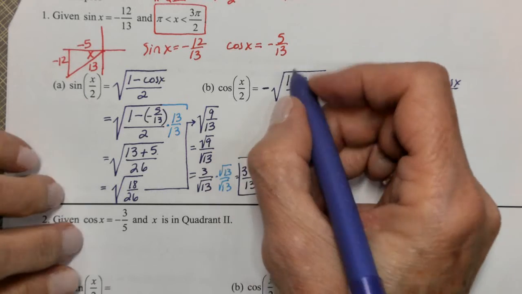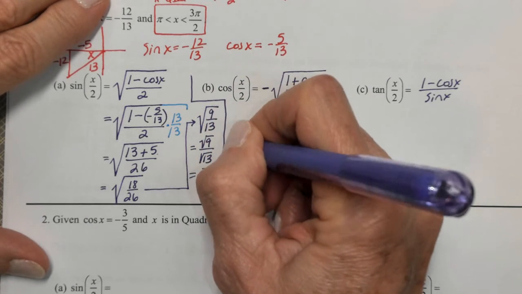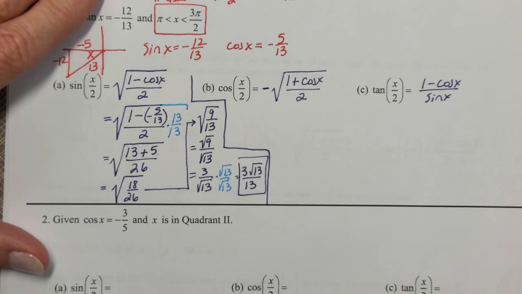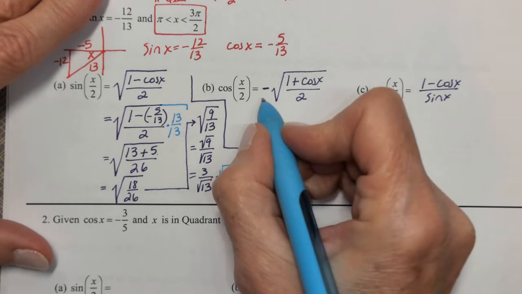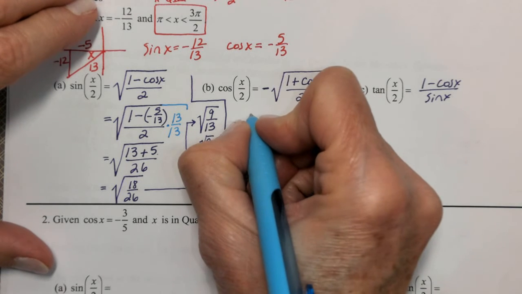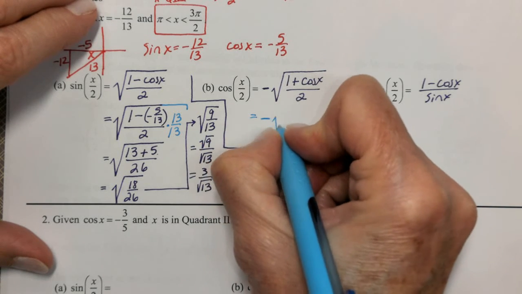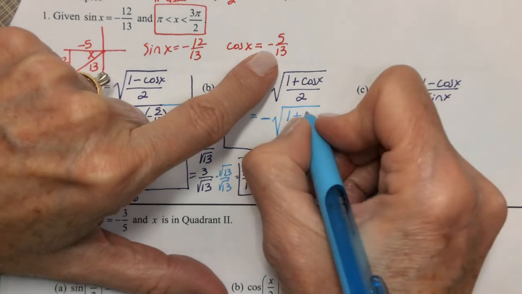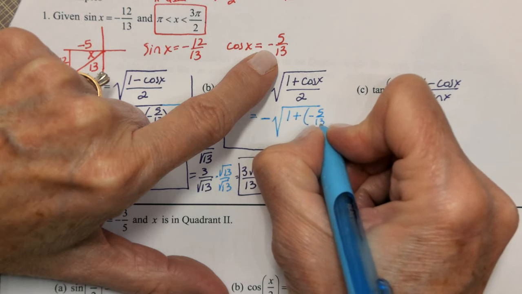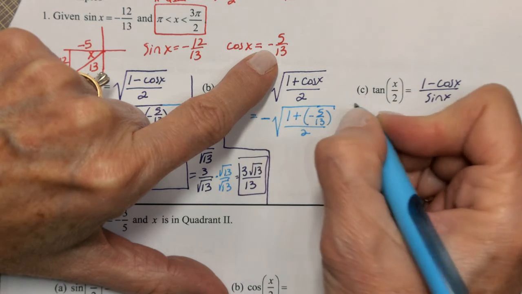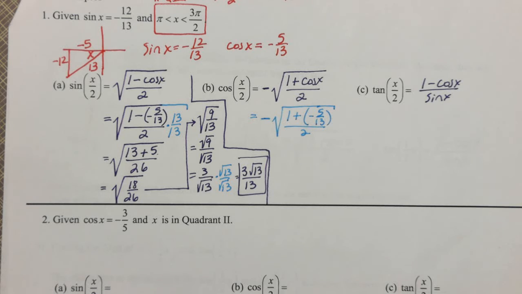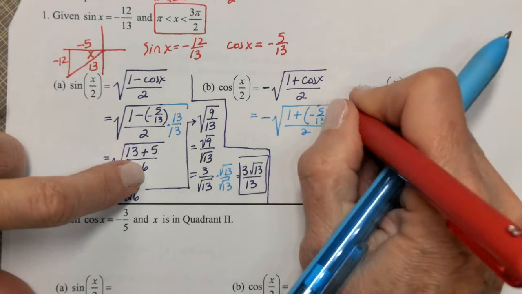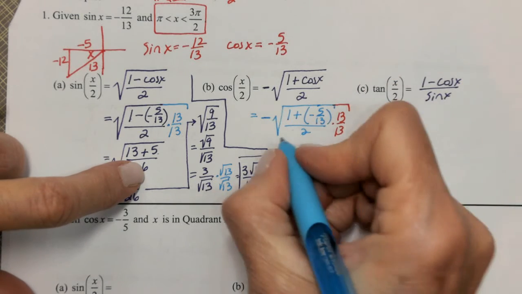Let's do the one for cosine here. I'm going to do this so that I keep everything straight. So for cosine, I'm going to have a negative square root of 1 plus cosine x over 2. Multiply top and bottom by 13 again, and this is underneath that radical. I'm extending my radical.